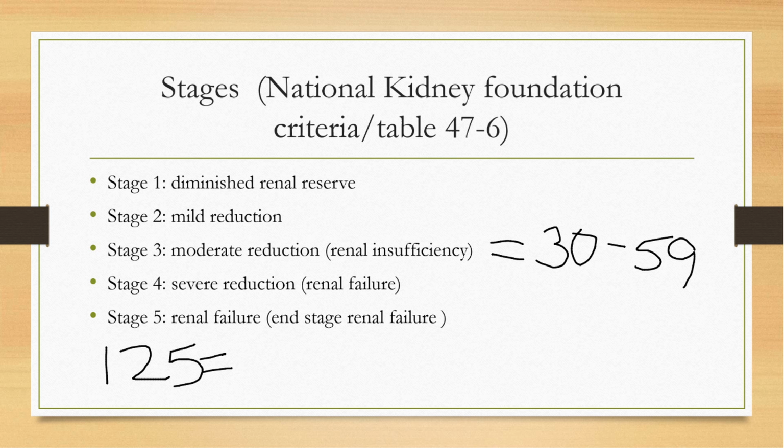So normal GFR is 125. So then how do they calculate a GFR? You have to have a blood test, but there's not a specific blood test for GFR. What we do is we take the patient's results of their creatinine, their BUN, their albumin, and a male or female race, and it calculates a GFR.